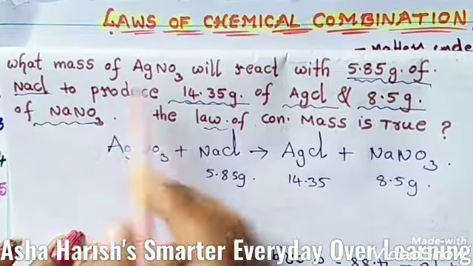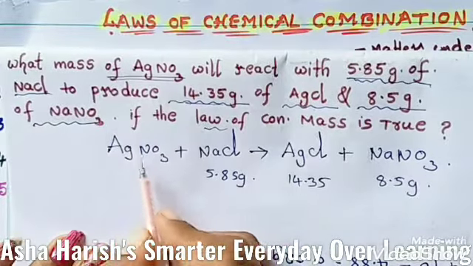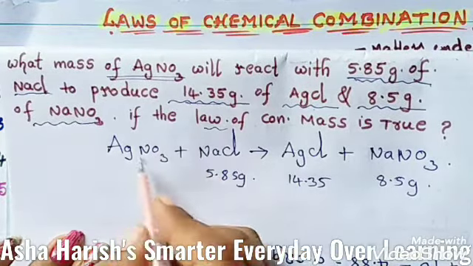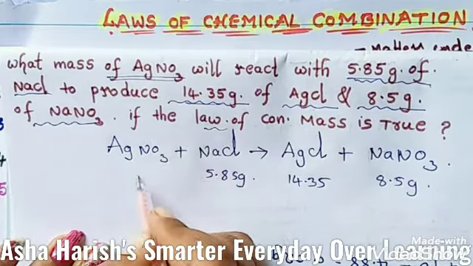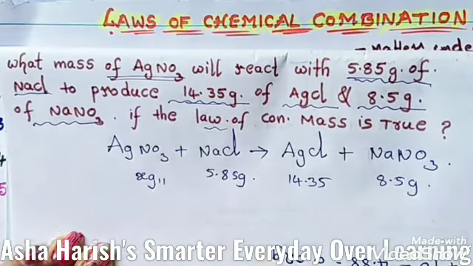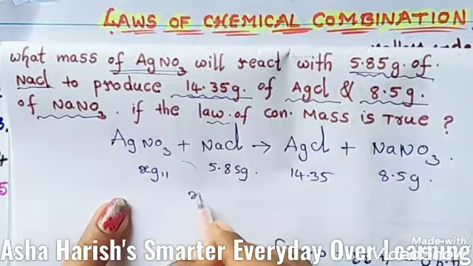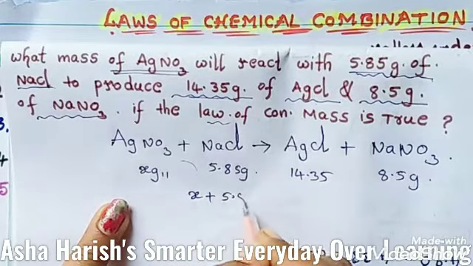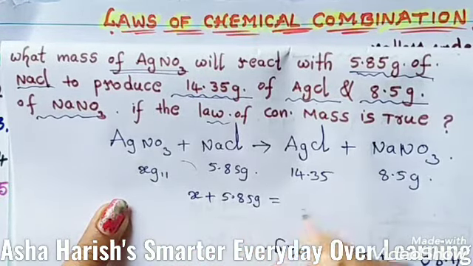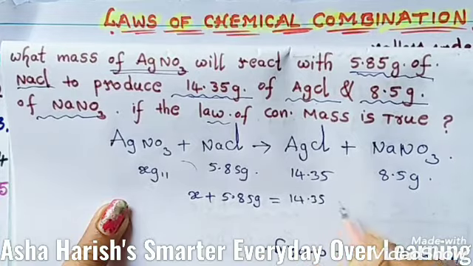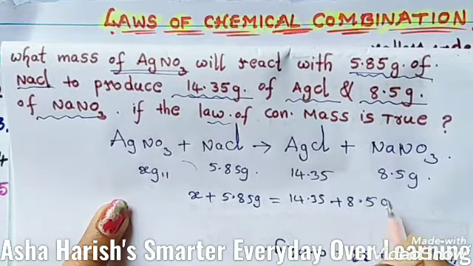Okay, and what mass of AgNO3? We have to calculate the weight of this silver nitrate. You can say x grams. Now students, we can calculate that. Here x plus 5.85 grams is equal to 14.35 grams plus 8.5 grams.